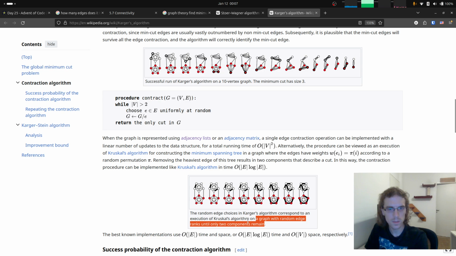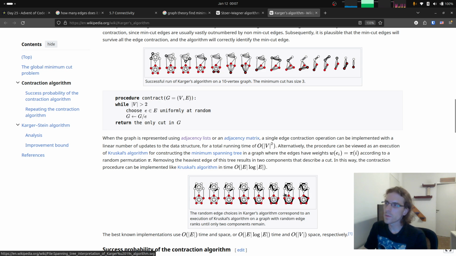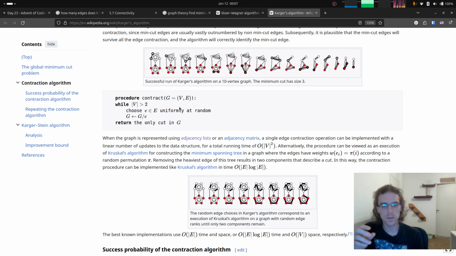Well, I don't know what this other reference to the cross-style algorithm is. But in our case, if we do this contraction a bunch of times and we find a case where the last 2 vertices are connected by 3 edges, we know that that is the solution, those 3 edges.